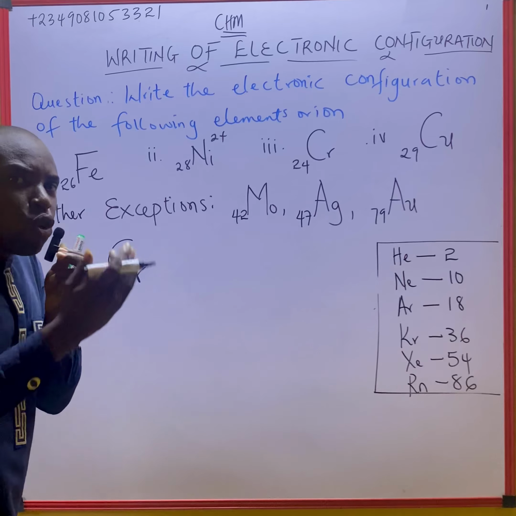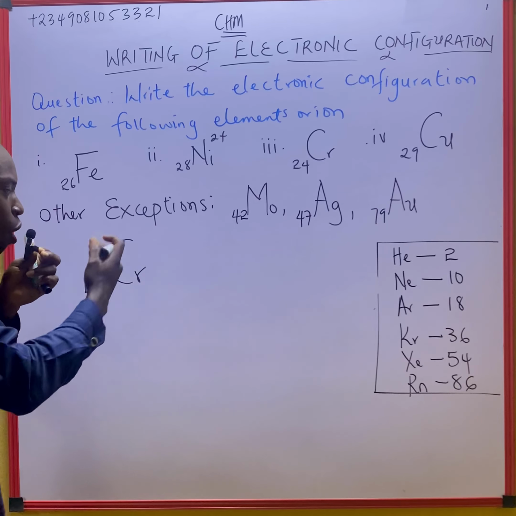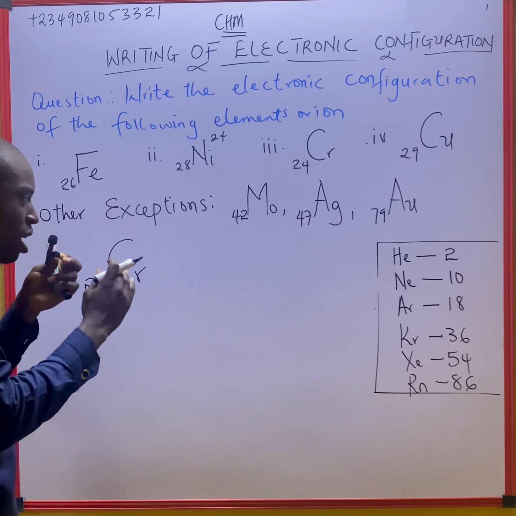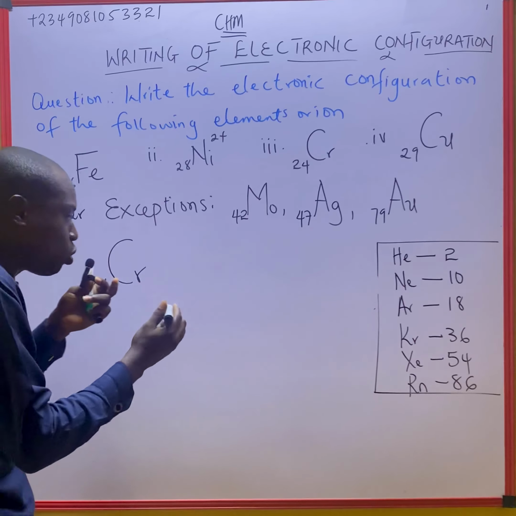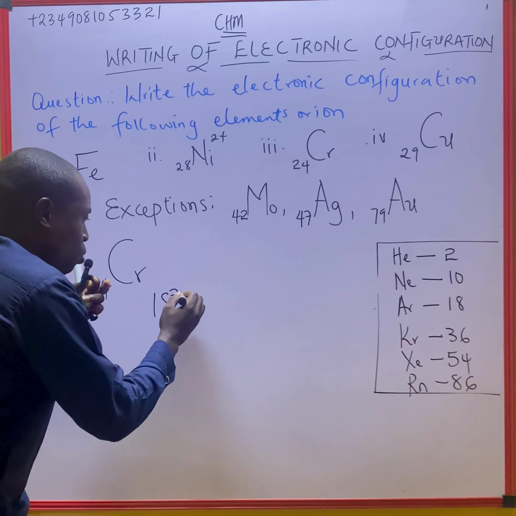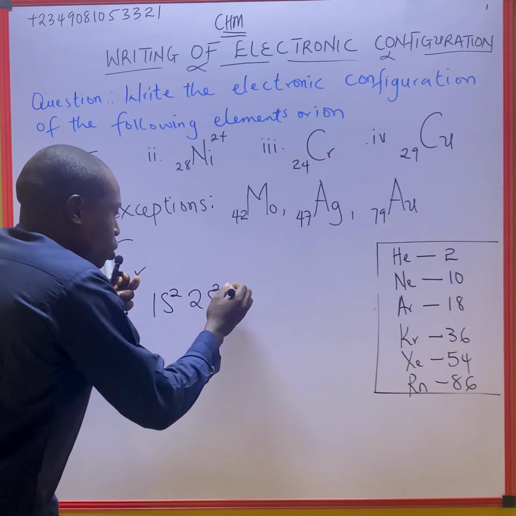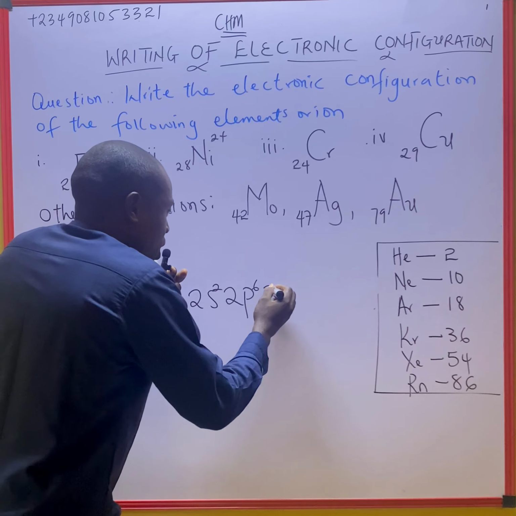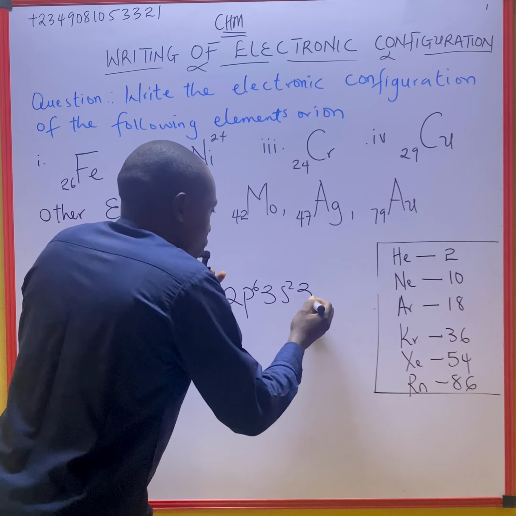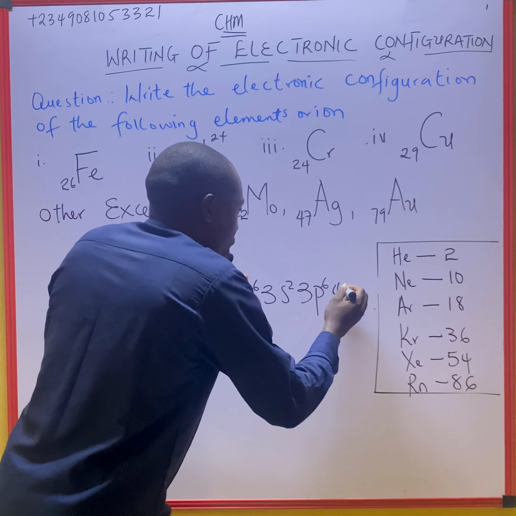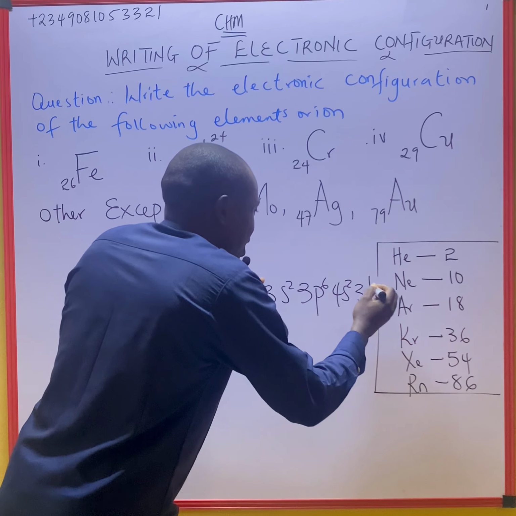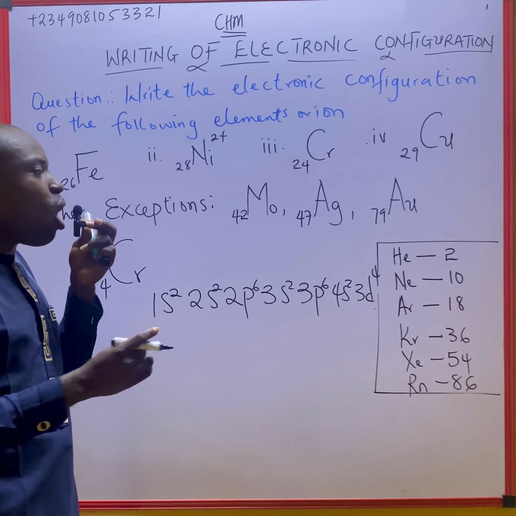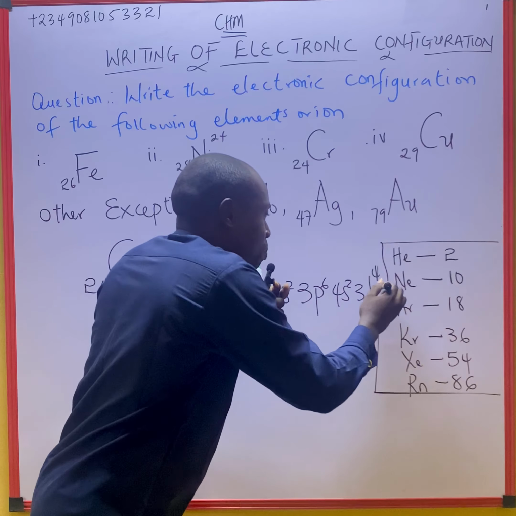From the rule I gave you earlier, if I write the configuration, what would be expected is 1s2, 2s2, 2p6, 3s2, 3p6, 4s2, 3d4.